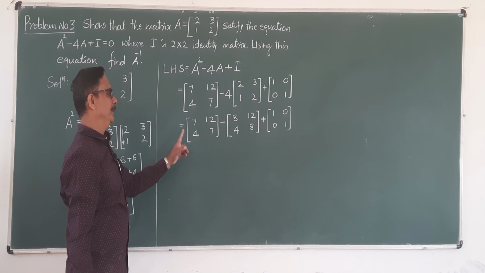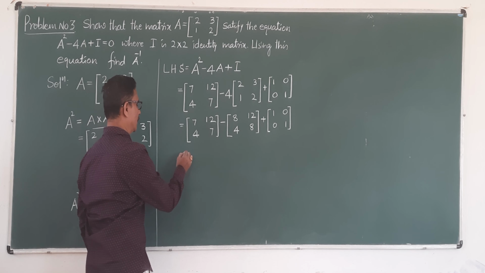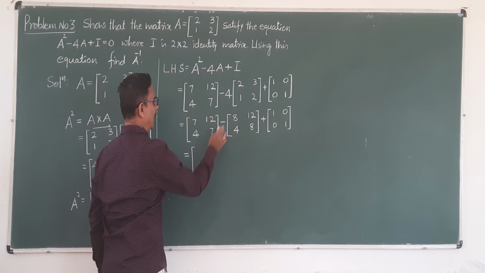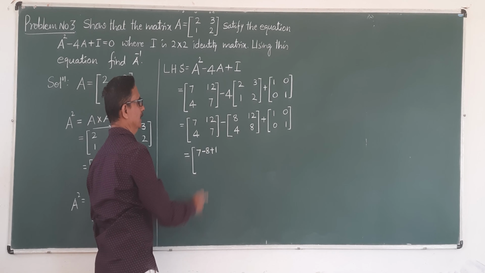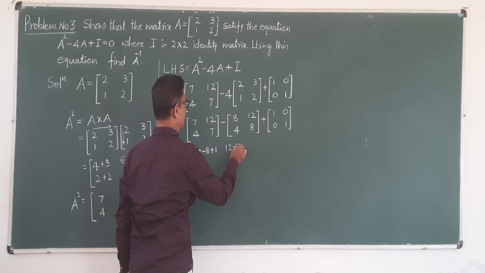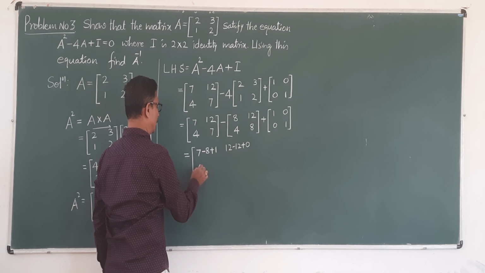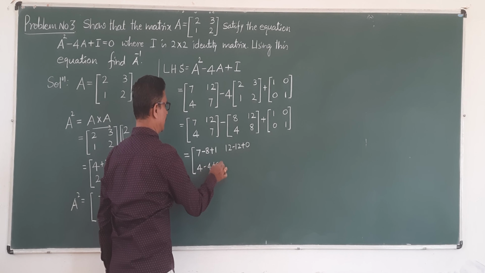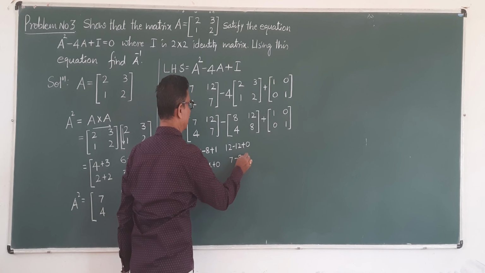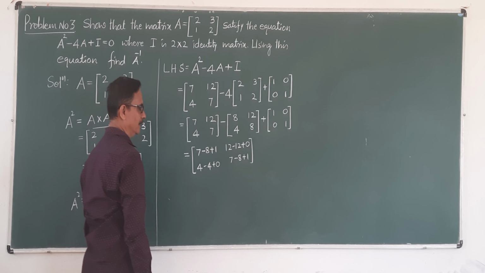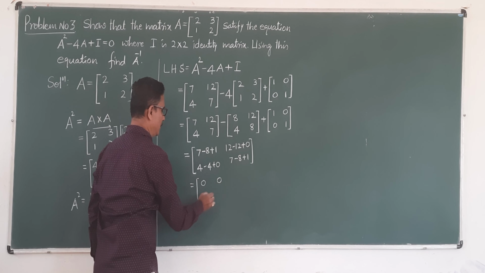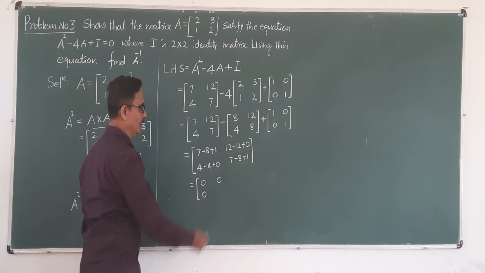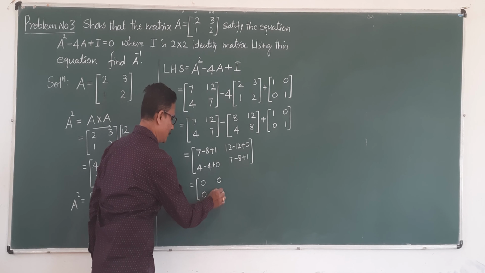Observe that all the matrices have the same order. Subtracting and adding the corresponding elements: 7 minus 8 plus 1; next element 12 minus 12 plus 0; second row 4 minus 4 plus 0; and here 7 minus 8 plus 1. That is equal to 7 minus 8 plus 1, 0; 12 minus 12, 0; 4 minus 4, 0; 7 minus 8 plus 1, 0.